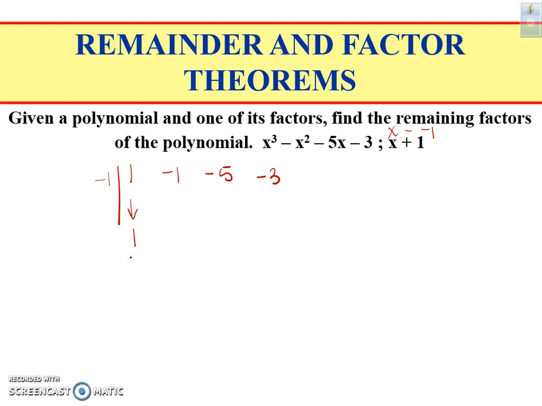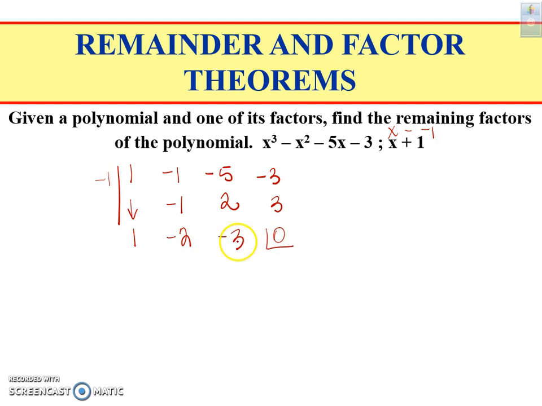Bring down your 1 to start, so 1 times negative 1 is negative 1. Adding these two together gives me negative 2. Negative 2 times negative 1 is positive 2. Negative 5 plus 2 is negative 3. Negative 3 times negative 1, positive 3. When I add, there's my remainder of 0 on the end.